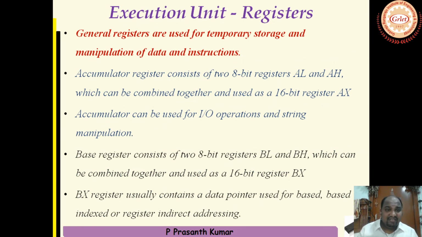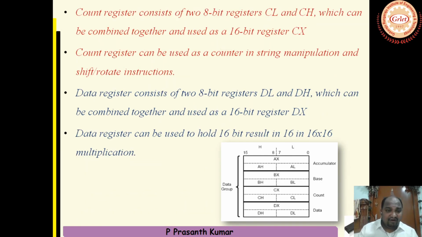And general registers. These general registers are used for temporary storage and manipulation of data and instructions. Here we have different general registers like accumulator register, base register, count register, and data register.